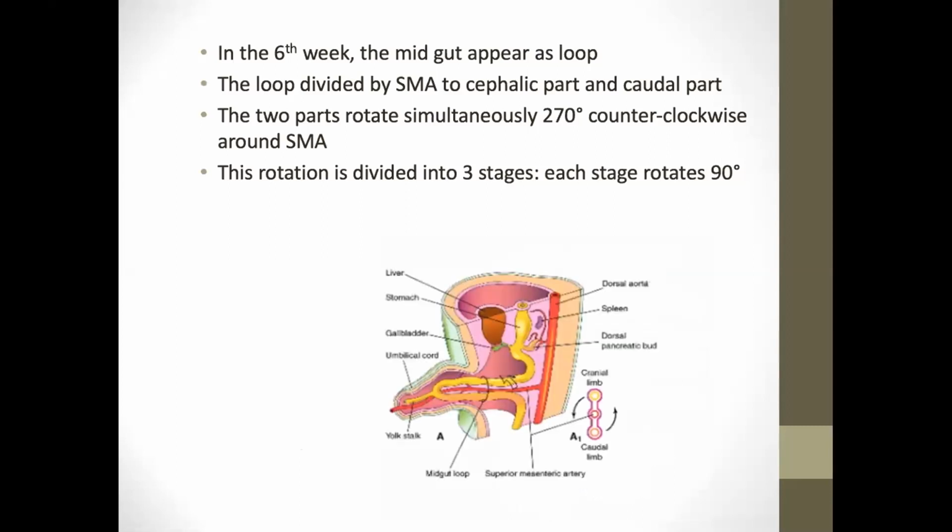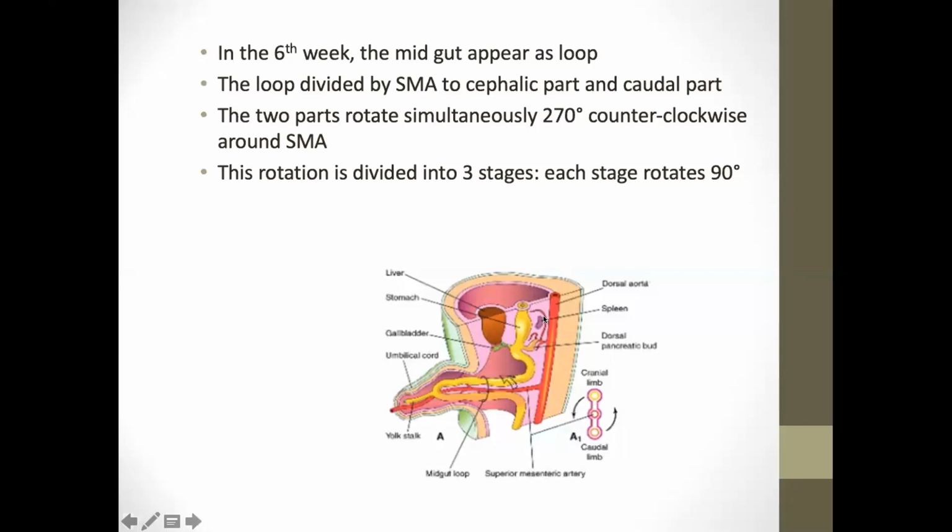Because the abdominal cavity cannot accommodate the rapid growth of the midgut, it will herniate through the umbilical cord and complete development outside the abdominal cavity.